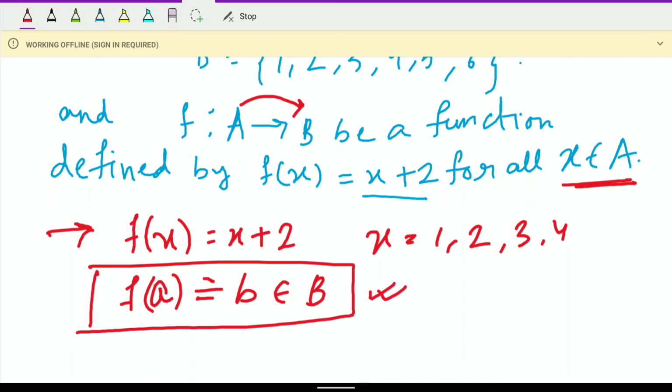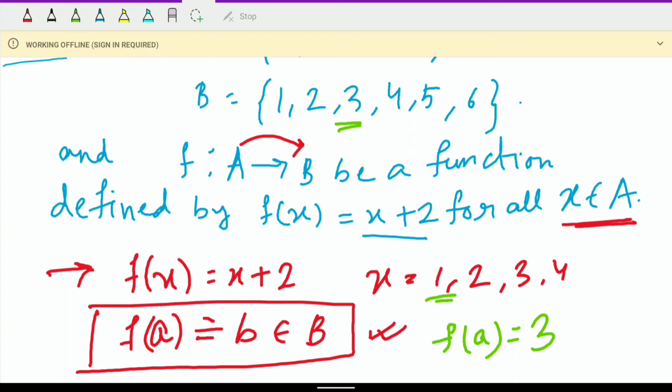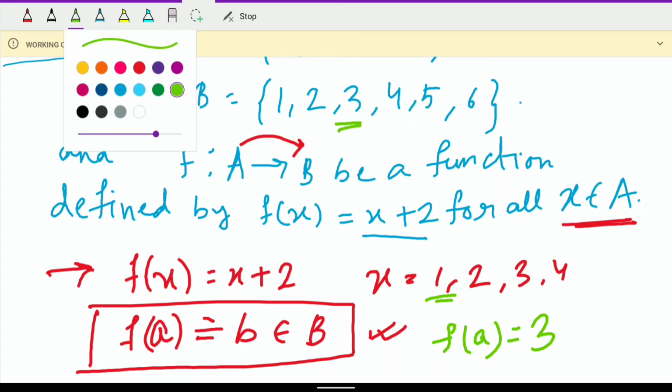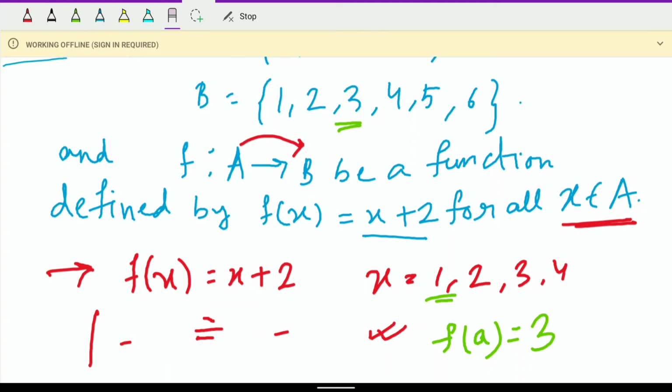Because here we already know what images are. So let's start finding the images of the given elements. Now if we consider x equals 1, then f of A is 1 plus 2, that is 3. Now see, 3 already belongs to the set B, right? So the pair is first of all 1 comma 3.